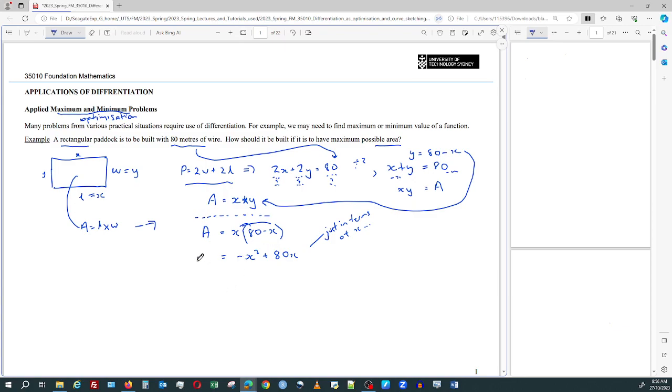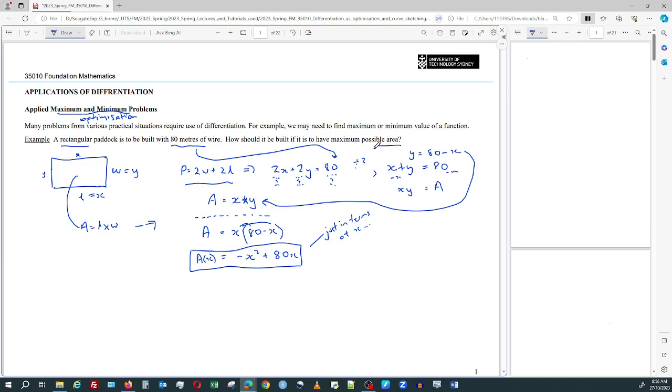So this becomes a function of x. In a nutshell, that's our first big step: to reconcile all of the simple geometry into the area as a function of x.